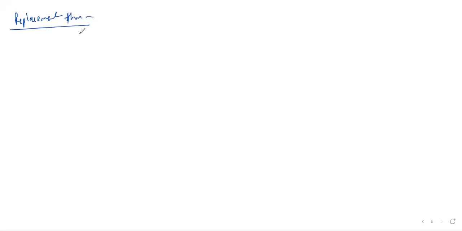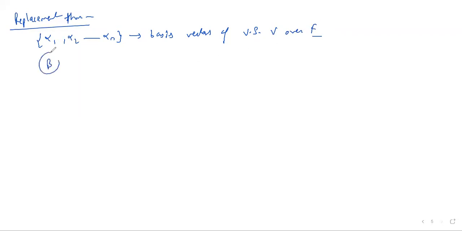In the replacement theorem, let's say alpha 1, alpha 2 to alpha n are the basis vectors of the vector space V over the field F, and there is a non-zero vector, let's say beta, of the vector space V. As we know, if this is the basis and there exists a vector from the vector space V, then it can be represented in a unique linear combination of these basis vectors. That's what we have studied.